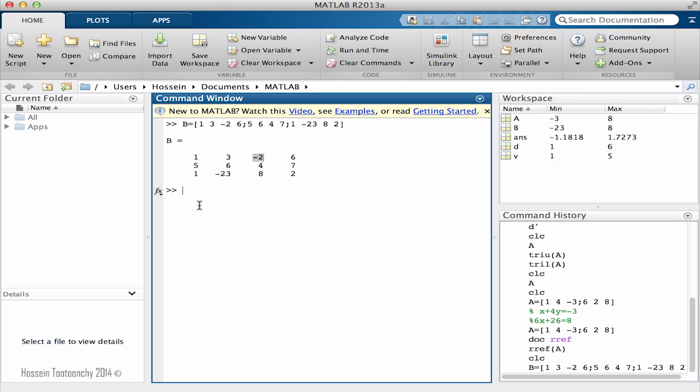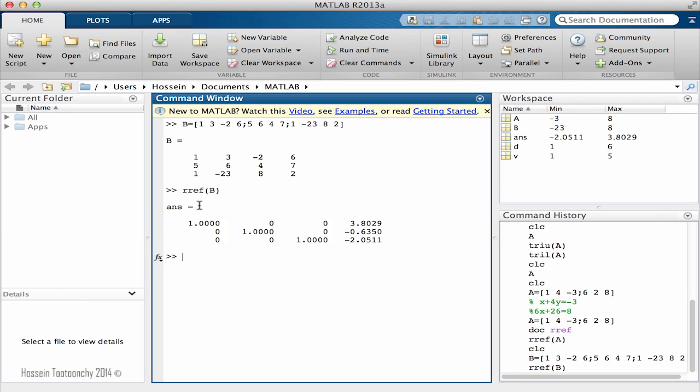The way I can do it is RREF of matrix B. If I do that, MATLAB easily calculates the result. Now you can find that the z value is -2, and y and x values are shown here. It's really fast and super easy to calculate the results using MATLAB.